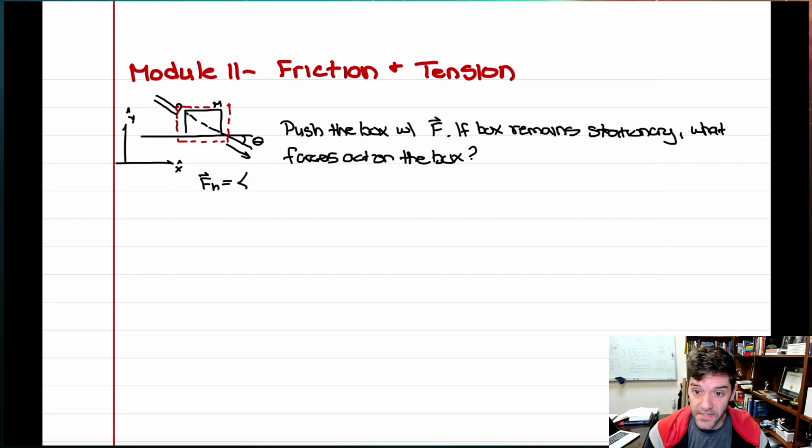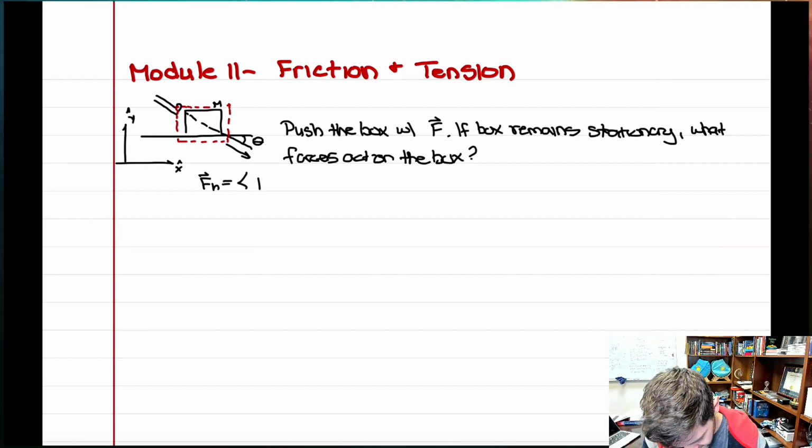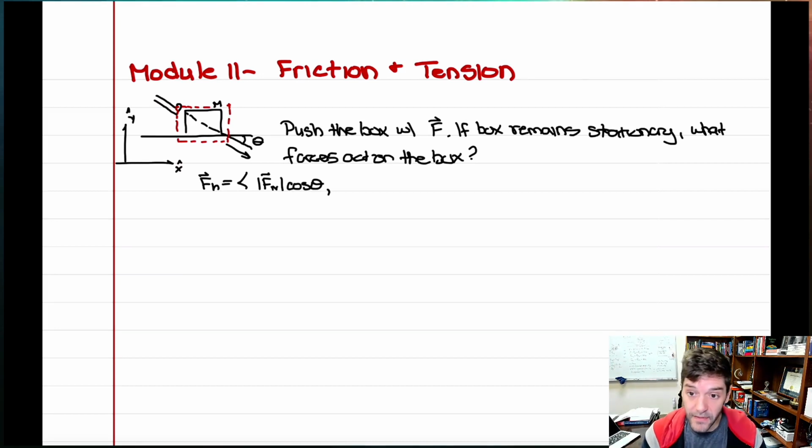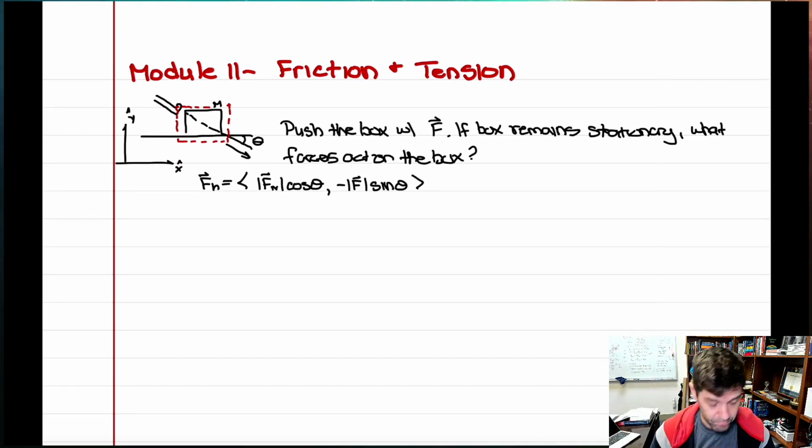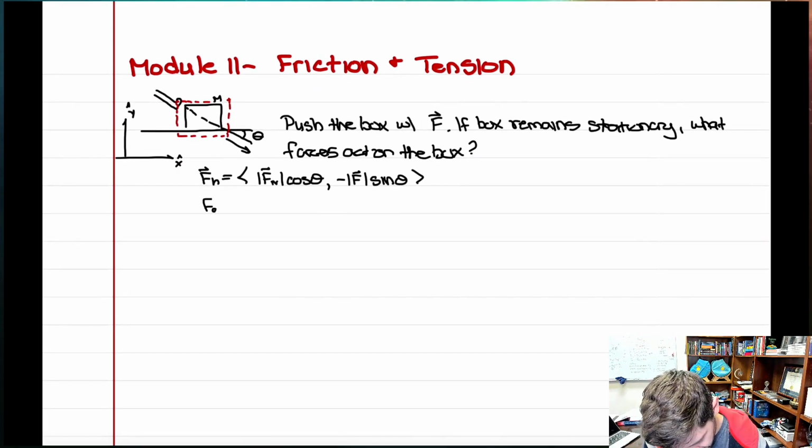And in this coordinate system, if I were to break it into components, the horizontal component is going to be positive, whatever my net force is, times cosine of this angle. And then the vertical component is going to be pointing in the negative direction, the overall magnitude times the sine of the angle. There's gravity. So gravity on box from Earth.